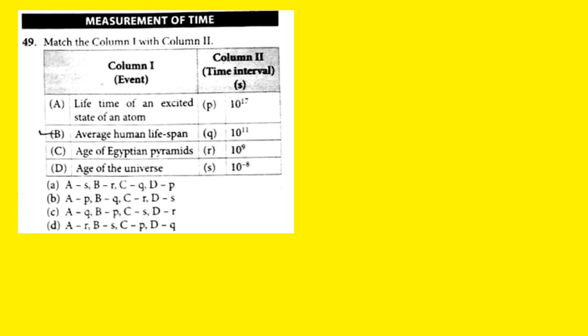So the answer for the first one is 10 power minus 8 second. Average human lifespan is 10 power 9. Age of Egyptian pyramid is 10 to the power of 11.